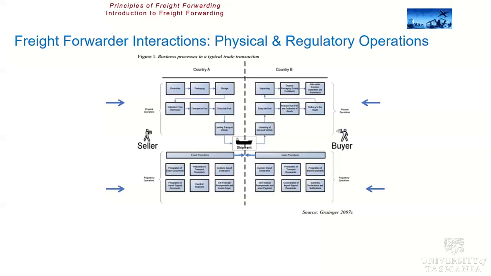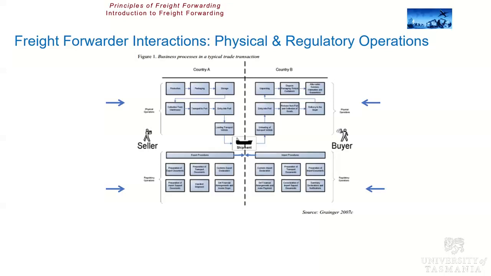So, in many ways, you've got two specific sets of activities that the freight forwarder might find themselves in. One of them is operational aspects around the physical movement, and the other side is dealing with regulatory operations. And those regulatory operations, which we highlighted down here, customs declaration and a range of other things, are that area of documentation. So you could almost say they do the physical and also they do the documentation.